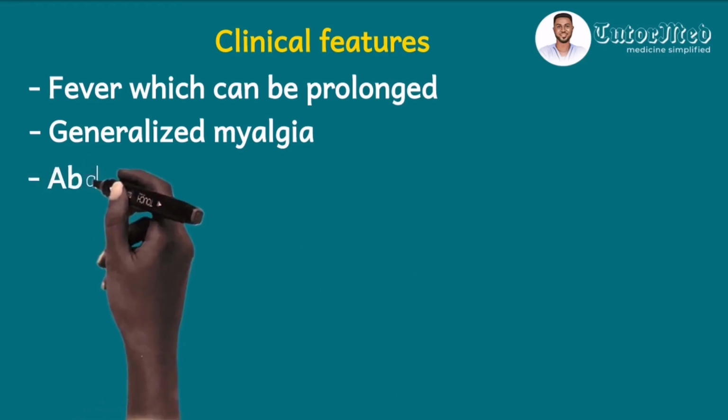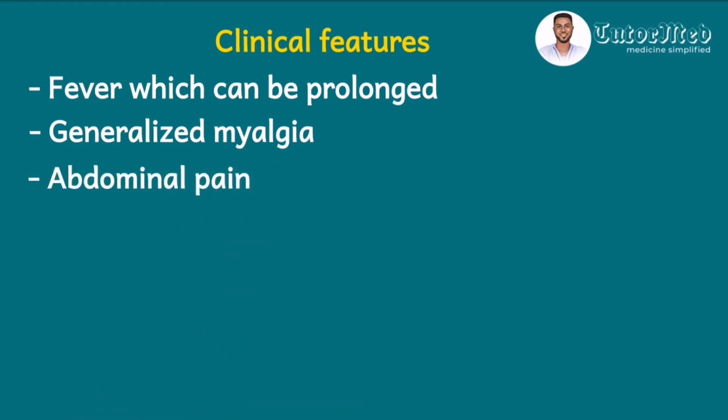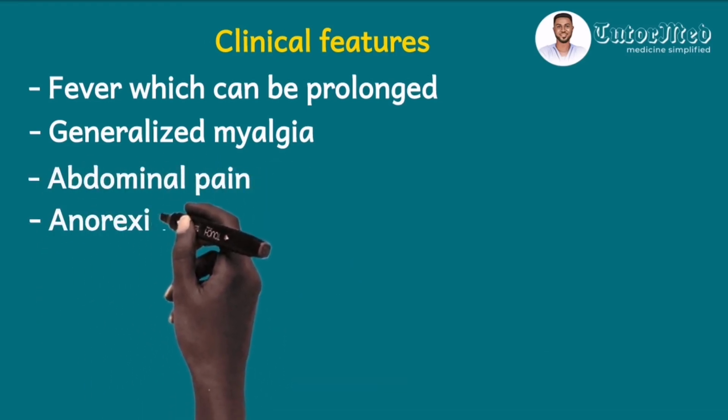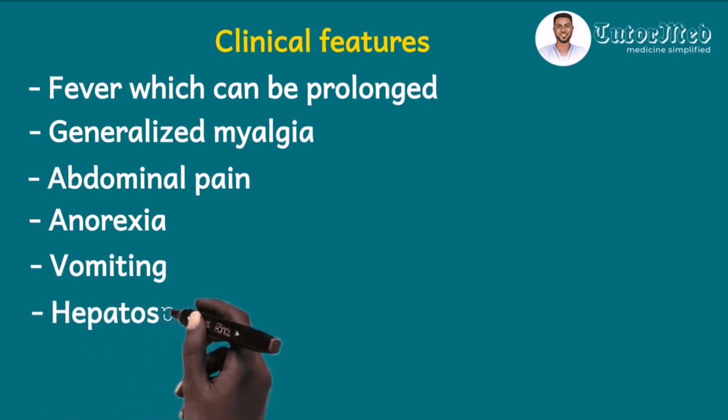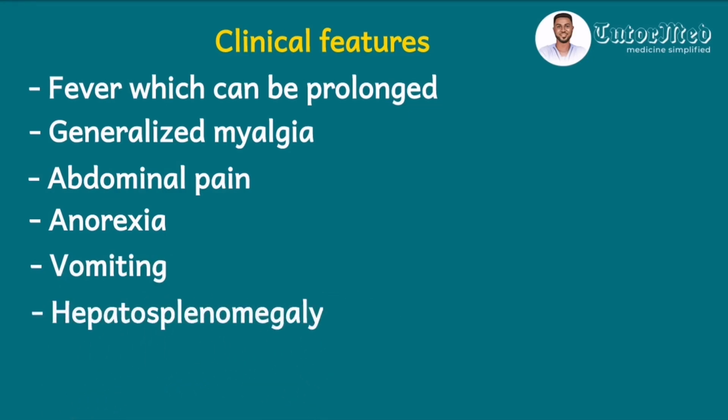Then we can have abdominal pain. Patients may be anorexic, like our patient had. They may be vomiting. Again, there may be hepatosplenomegaly. And in about 25% of patients, they develop this skin rash known as rose spots, which may begin on the chest or the abdomen.